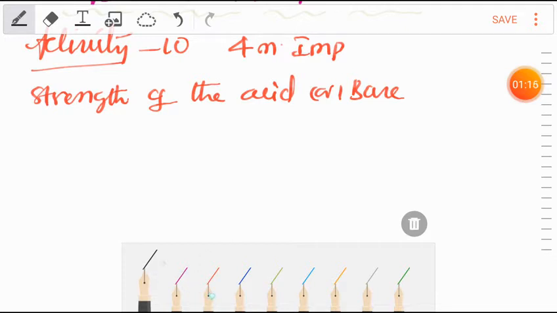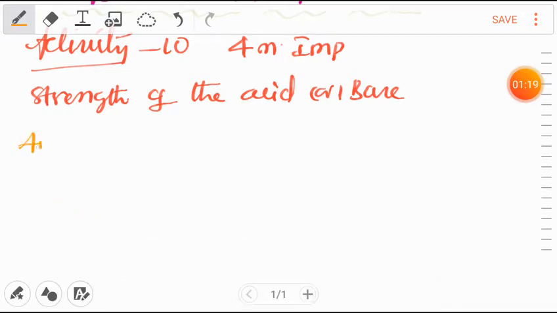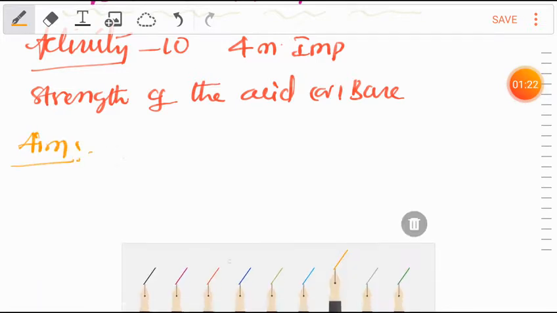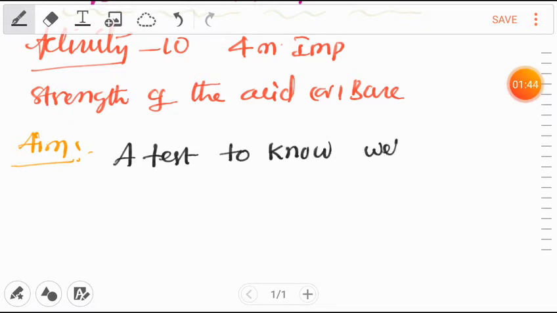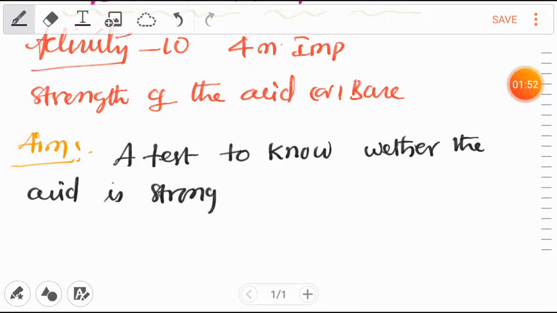We're going to do an experiment. First the aim. What is the aim? A test to know whether the acid is strong or weak.